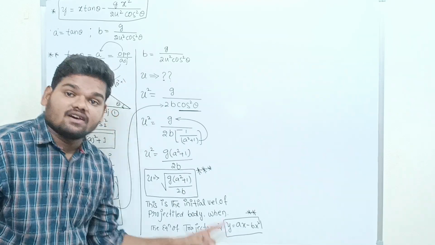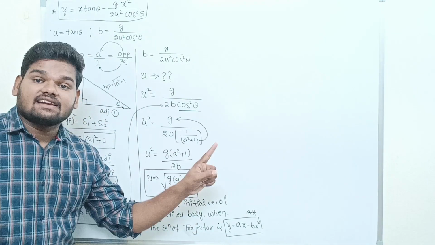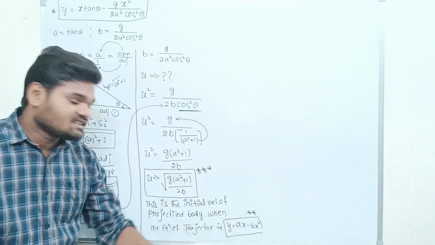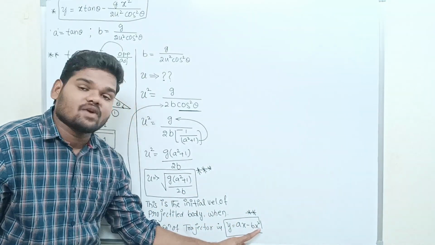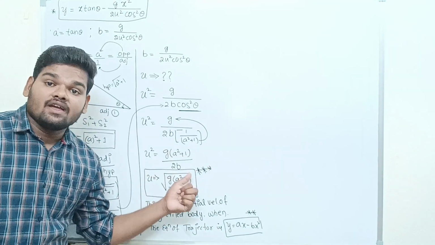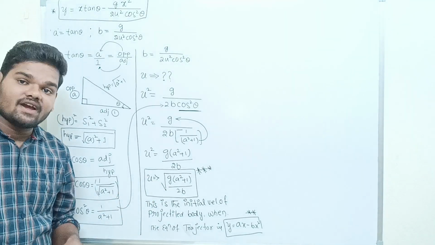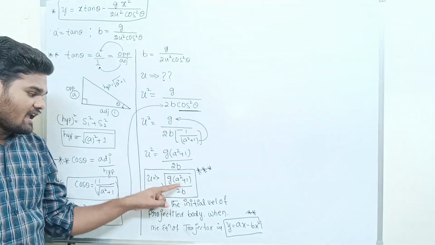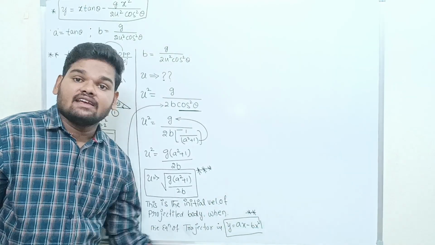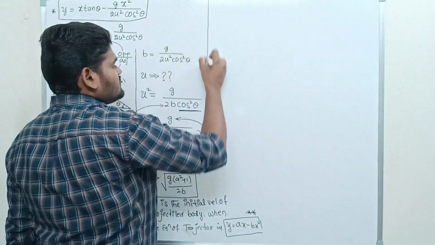So you should remember. What is the initial velocity of the object when the trajectory of a particle is in the form of y is equal to ax minus bx square? So u is equal to under root of g into a square plus 1 divided by 2b. What are a and b? A and b are the constants in the equation of trajectory. So you should remember.